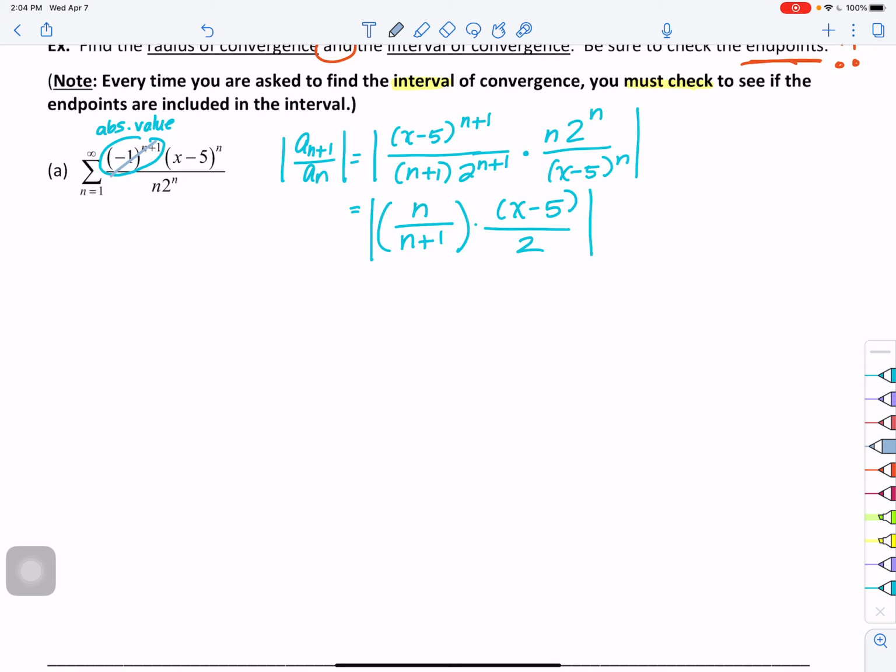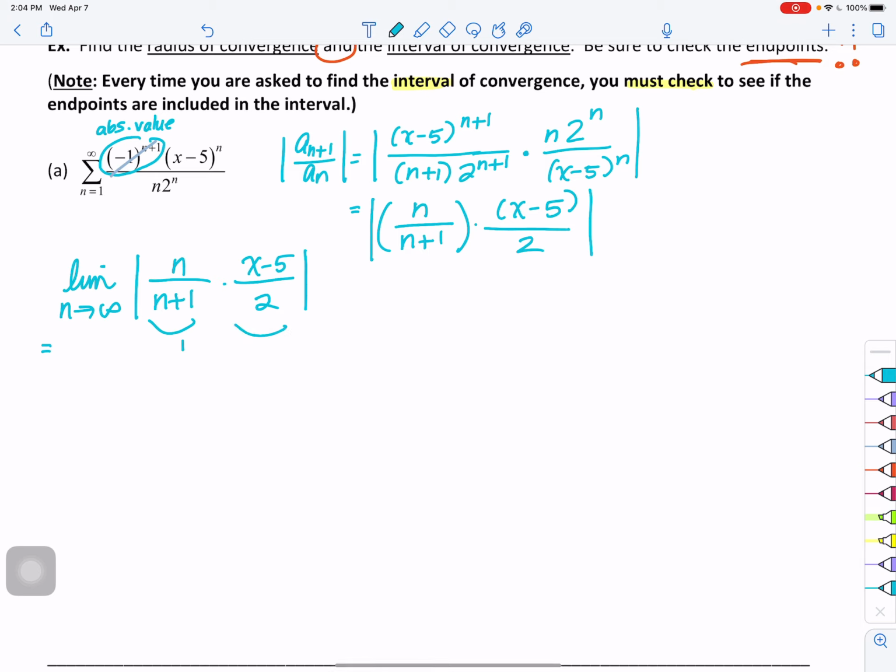So now we'll go ahead and apply the ratio test. So we'll take the limit as n approaches infinity of the absolute value of n over n plus 1 times x minus 5 over 2. And that's equal to, of course, this limit is 1.